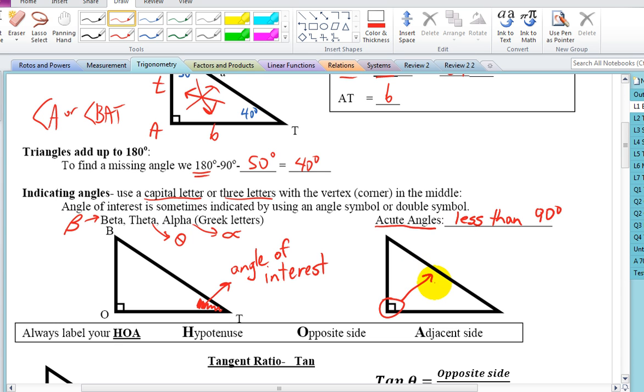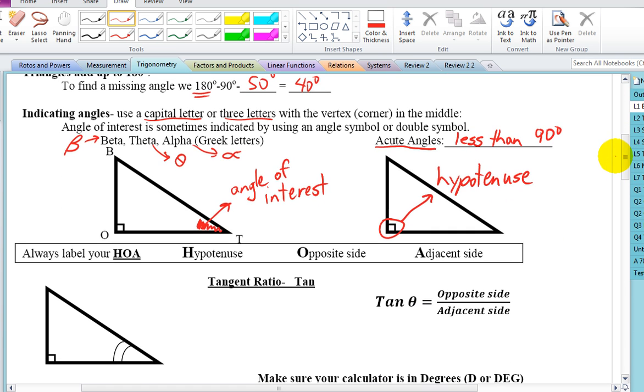Hypotenuse. You must be able to recognize the hypotenuse. In fact, any question you do, you're going to have to label your HOA: hypotenuse, opposite, adjacent. If you do it in that order, you can't screw it up. Adjacent means beside or next to.